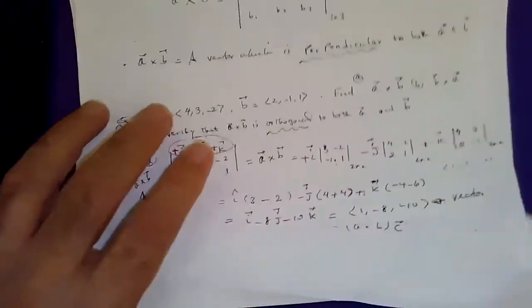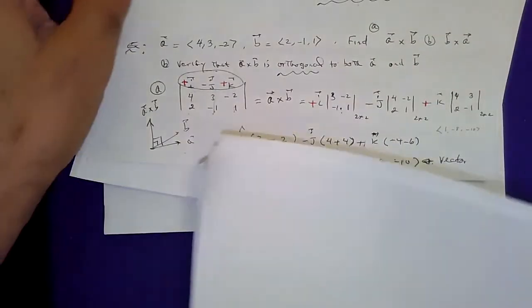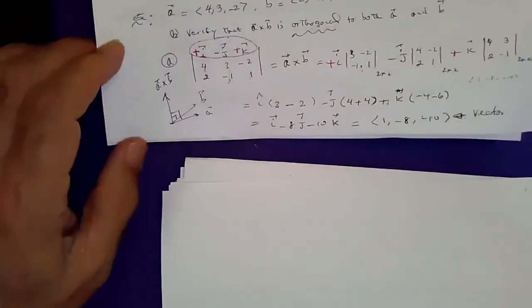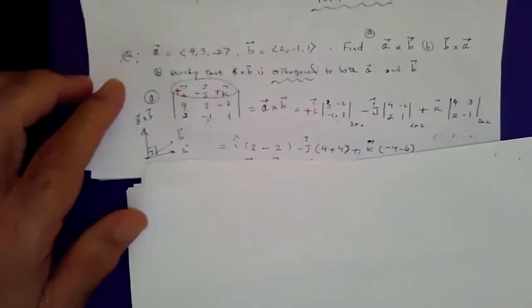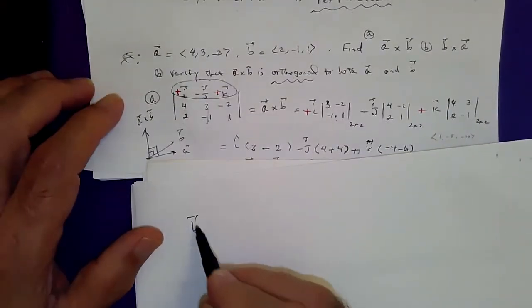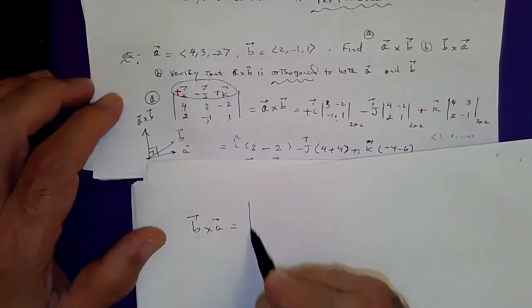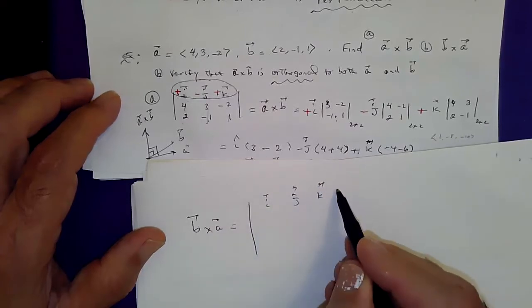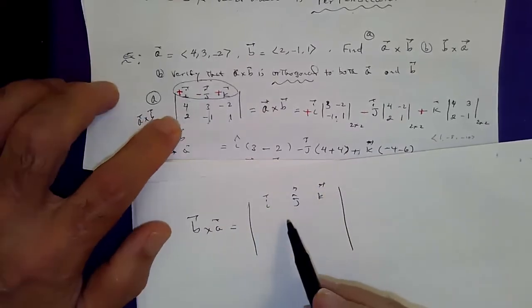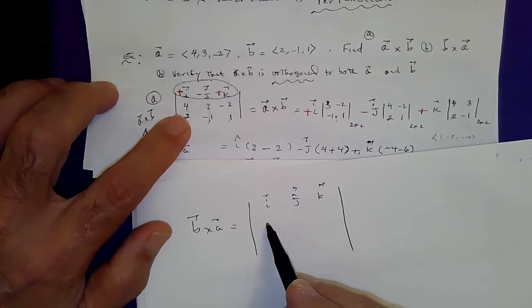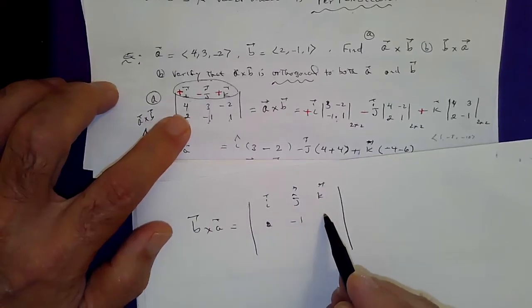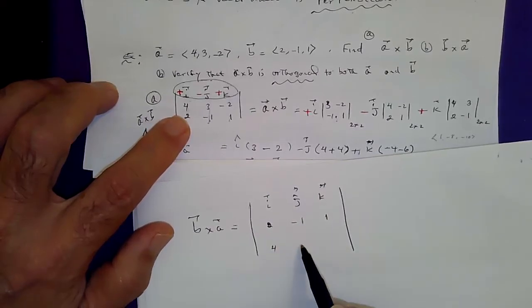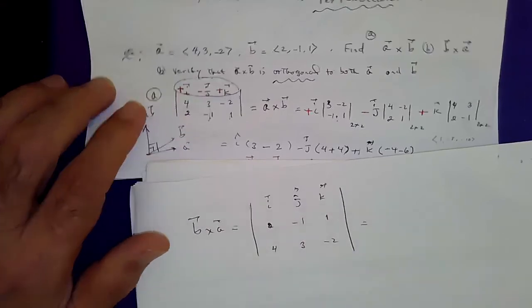So the question is, does the order matter? In other words, what if I change the order of the cross product? Instead of A cross B, what if I go B cross A? In other words, what if I go I, J, K, and then instead of listing the components of A first, what if I list the components of B first and then A later?